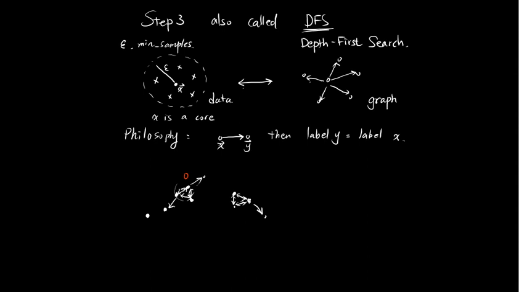And following the philosophy, because this is 0 and this is not yet labeled, and I have an arrow going there, I'm going to label that by 0, label this guy by 0, label this guy by 0, and label this guy by 0. And this part is done by the DFS we have just seen previously.